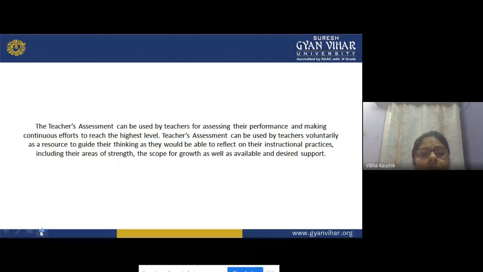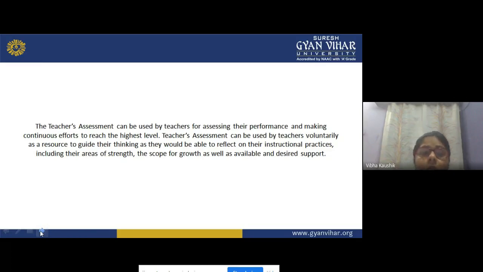The teacher assessment can be used by teachers for assessing their performance, for evaluating how they are performing, and making continuous efforts to reach the highest level. Teacher assessment can be used by teachers voluntarily.